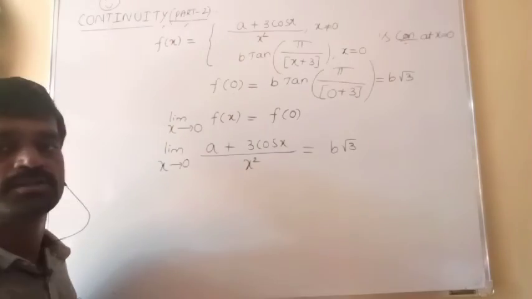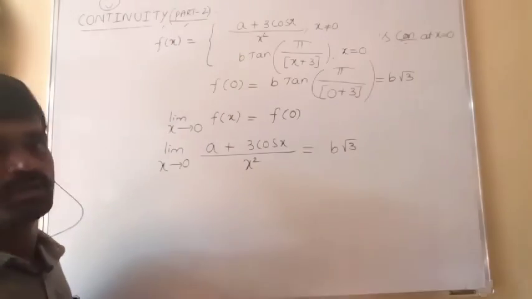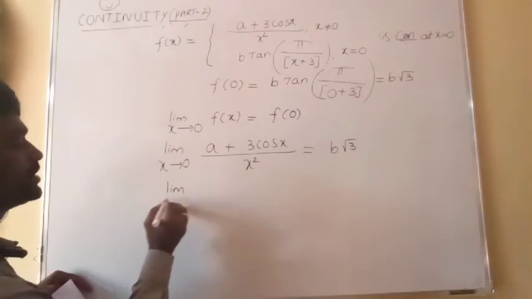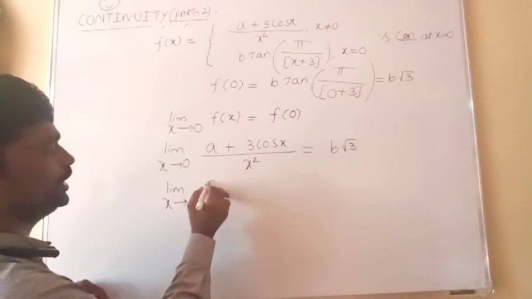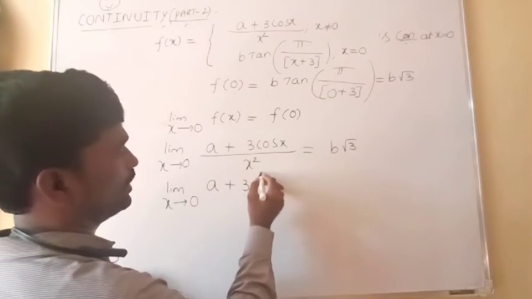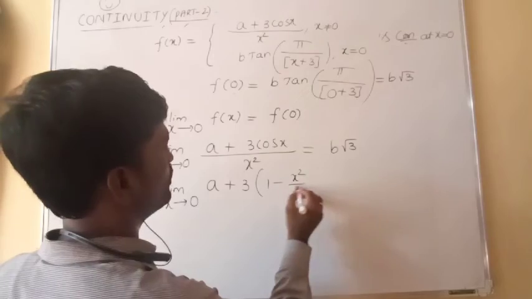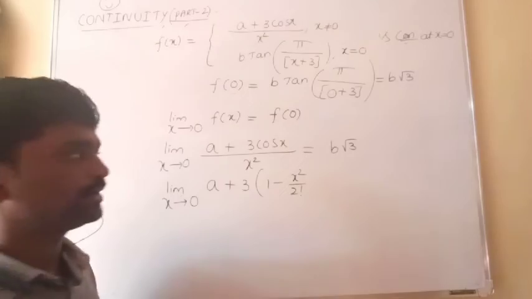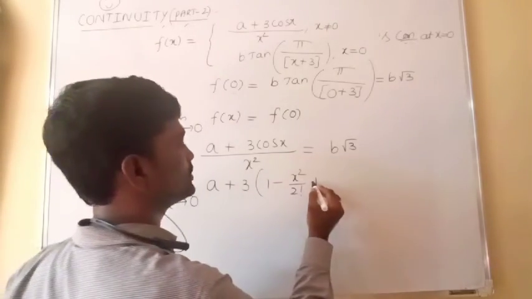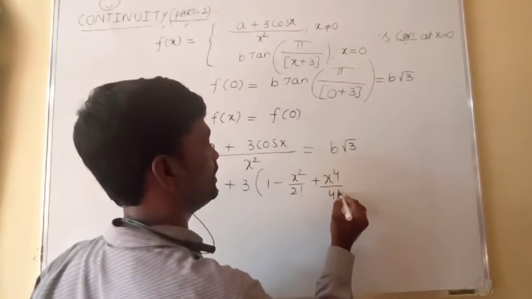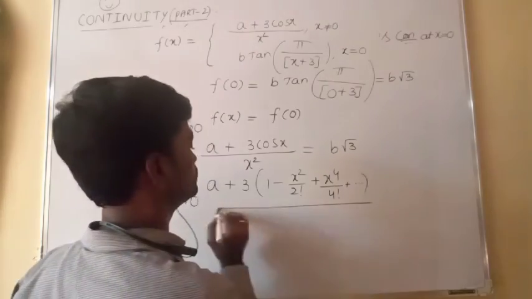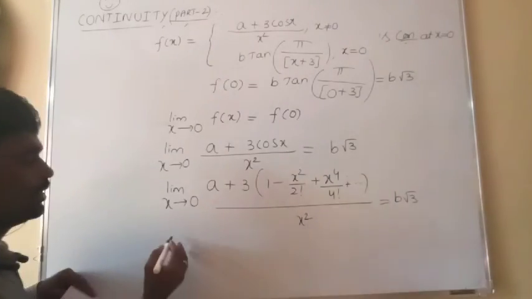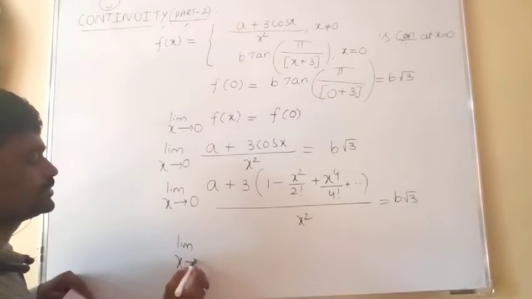Better I will go for the expansion method only. If I explain the other method again, you may get confused, and that is why I am going for the expansion method. So limit x tends to 0, (a + 3) into cos x, the expansion is 1 minus x square by 2 factorial. The denominator's highest exponent is 2, so remaining terms you can neglect. Now the numerator is a polynomial, collect like terms.